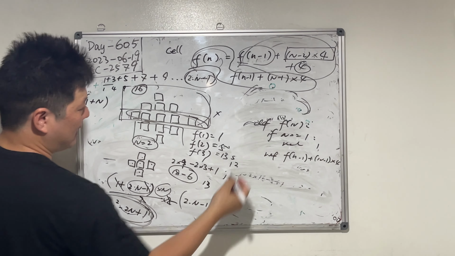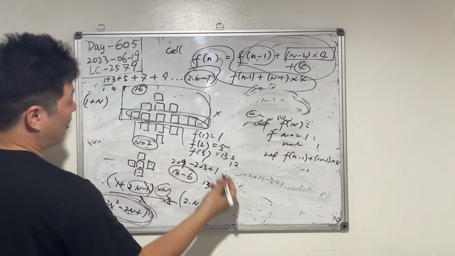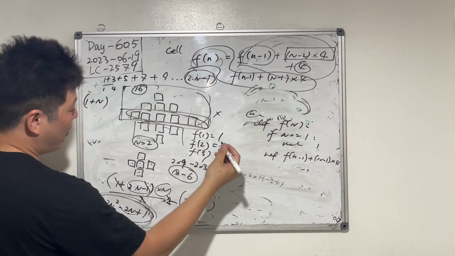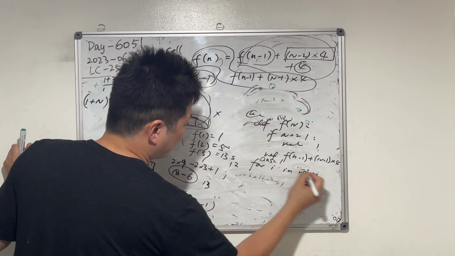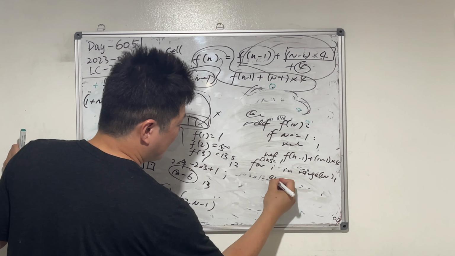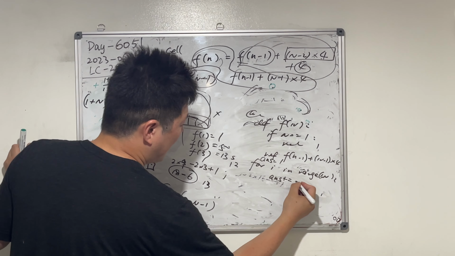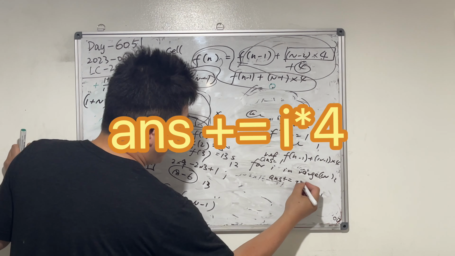This is the equation, and put in the cache. Or we can do it with a loop: answer equals 1 at the beginning, for i in range n, answer plus equals 4 times i, and return answer. Actually, this is n minus 1.